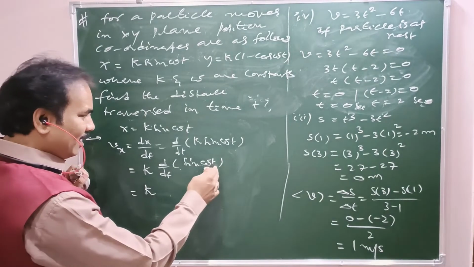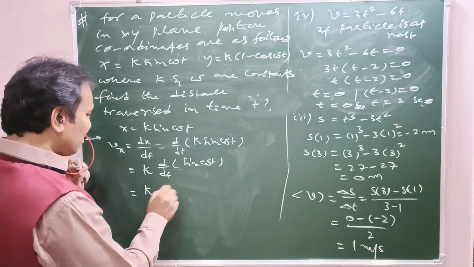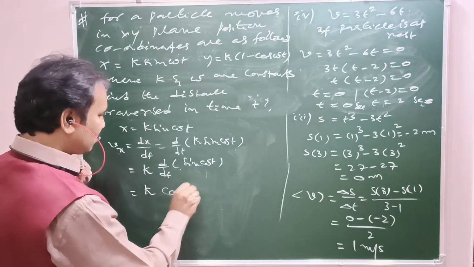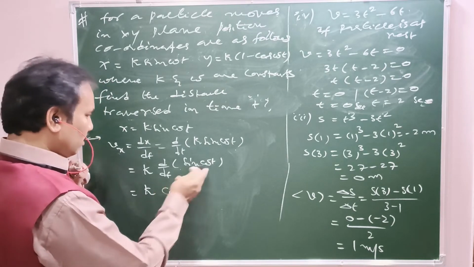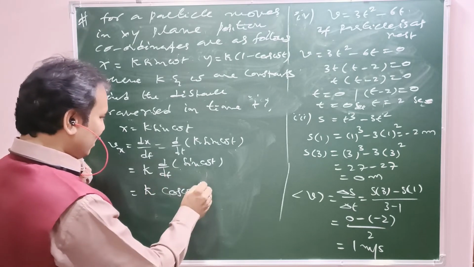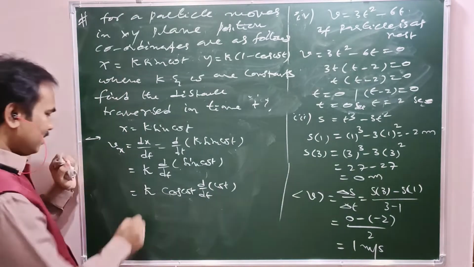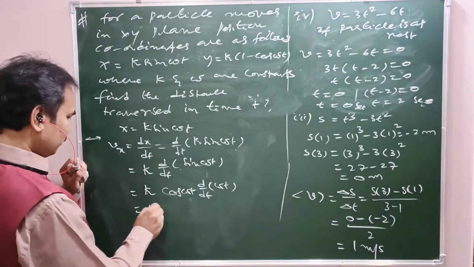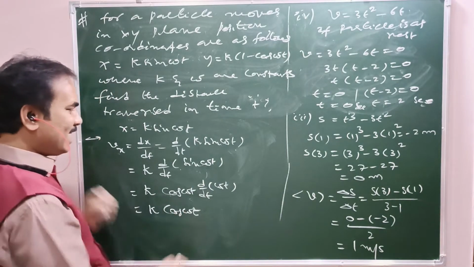See, take omega t as x, that is d by dt of sin omega t means cos omega t. Once again, see here, omega t is there. So take one more time derivative, that is d by dt of omega t. Once again, that is k into cos omega t into d by dt of omega t.